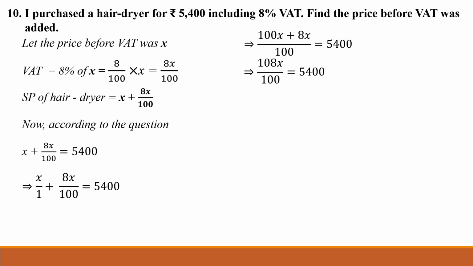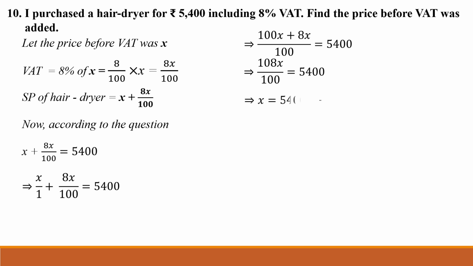What we require in this is the value of x, that will give us the price of the hair dryer before the VAT was added. So we will shift this 108 by 100 to the other side. We know that when we shift it, it becomes reciprocal.